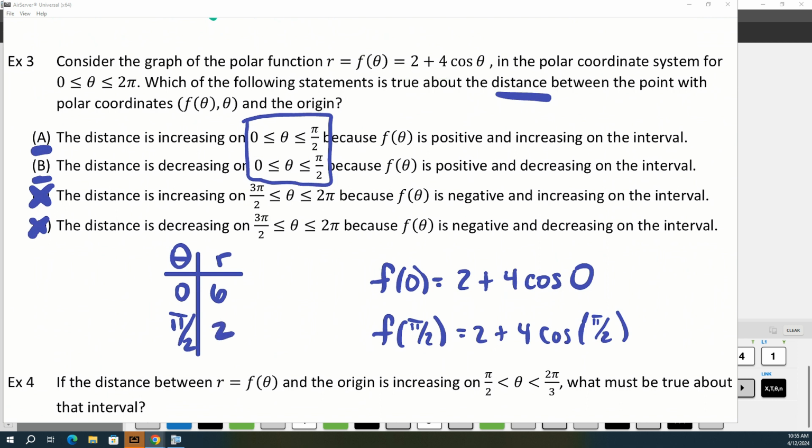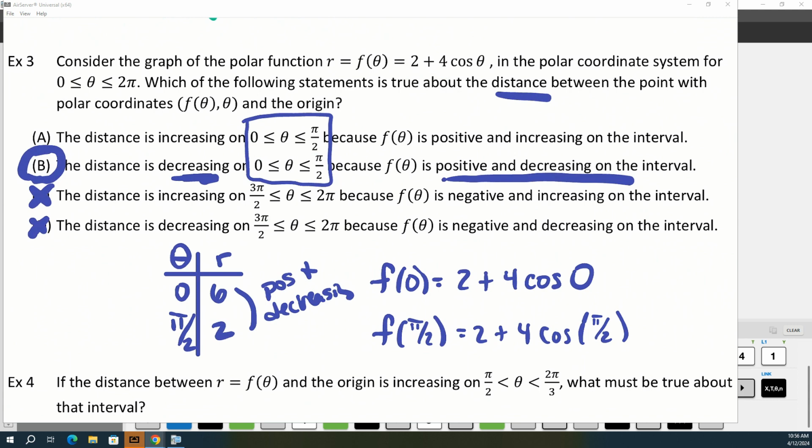Which choice? B. Definitely positive and decreasing, which is what this says. And that definitely means the distance is decreasing. So it's not terrible. You should be able to eliminate a region or an interval and just check 1.